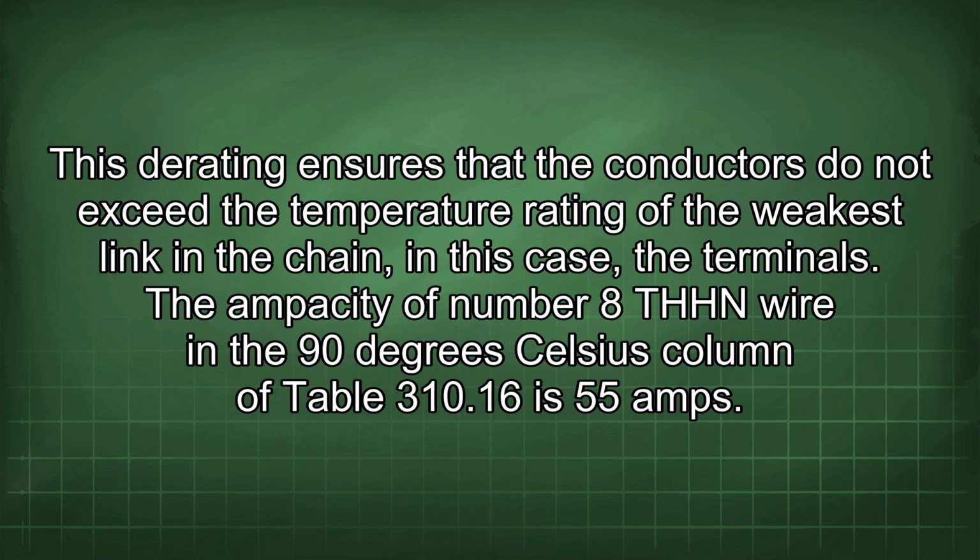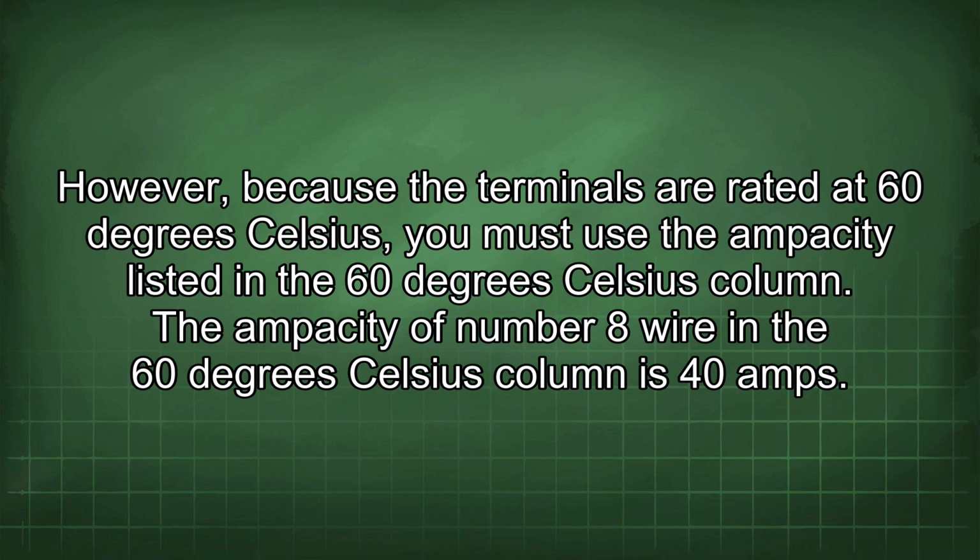The ampacity of number 8 THHN wire in the 90 degrees Celsius column of Table 310.16 is 55 amps. However, because the terminals are rated at 60 degrees Celsius, you must use the ampacity listed in the 60 degrees Celsius column. The ampacity of number 8 wire in the 60 degrees Celsius column is 40 amps.